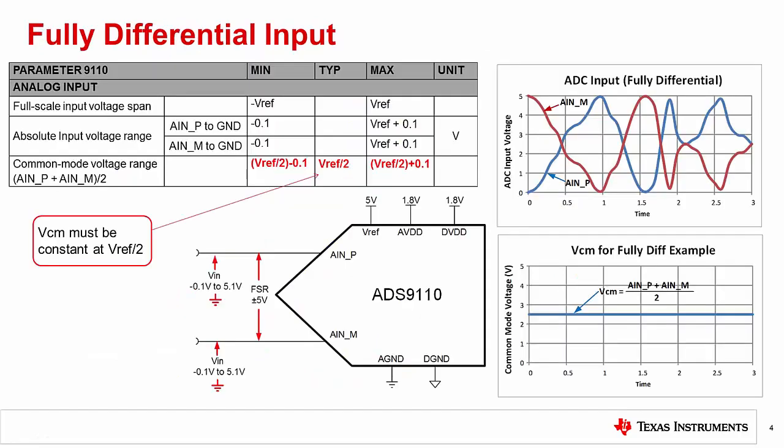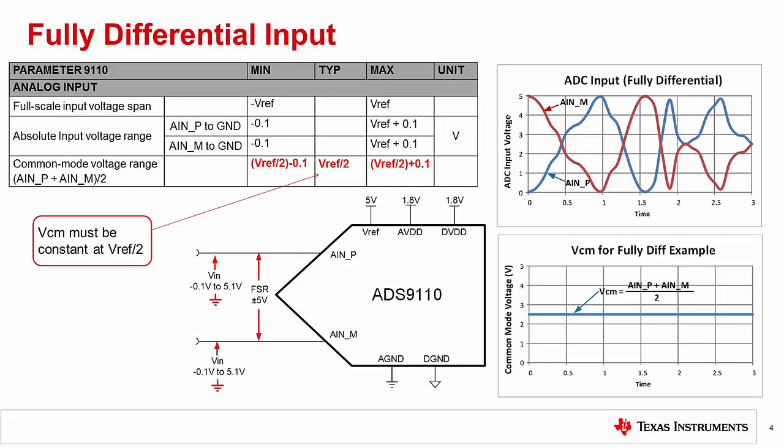The fully differential input is used on many precision SAR ADCs. In this case, the input voltage is calculated using the equation VIN_DIFF equals ANP minus ANM, and the differential input range is double the range of each input, as was mentioned on the previous slide.